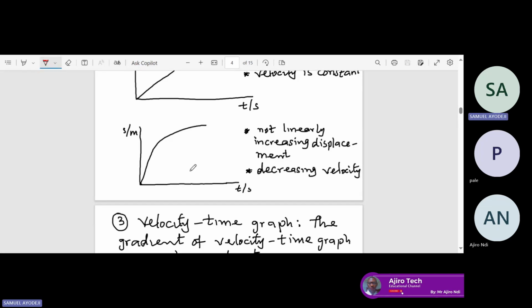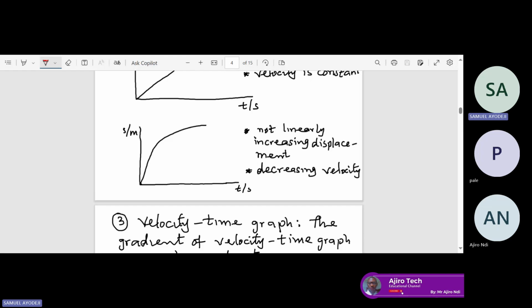If it says describe the graph, you have to discuss everything, the distance, the displacement, and the velocity together. So in this case, if I'm to discuss the graph now, I will talk in terms of the displacement. I will say displacement is increasing, but not at a linear rate.